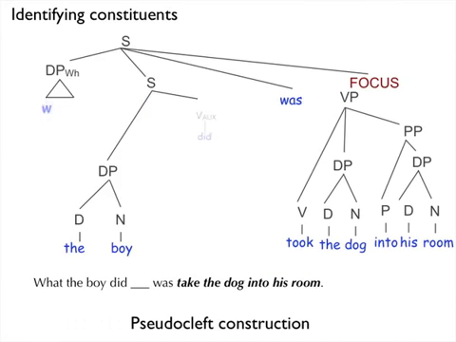Can we put it in that slot? Yeah, as long as we add the auxiliary verb do in that slot. So there's something else we need to do in order to focus on a verb phrase. This is not actually grammatical, right?